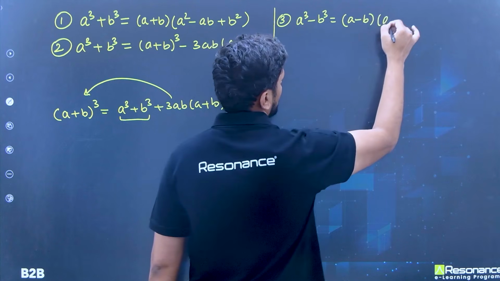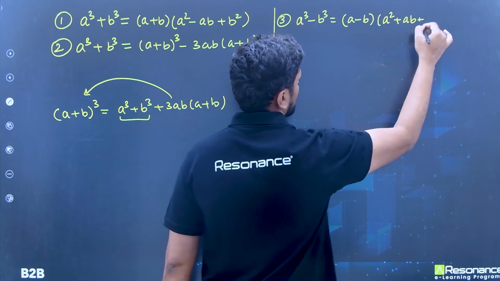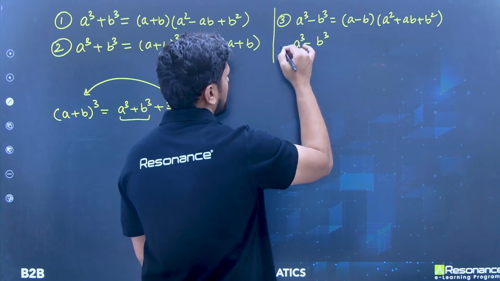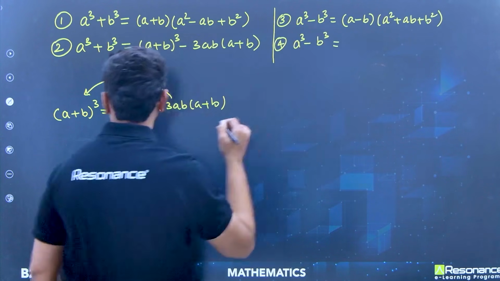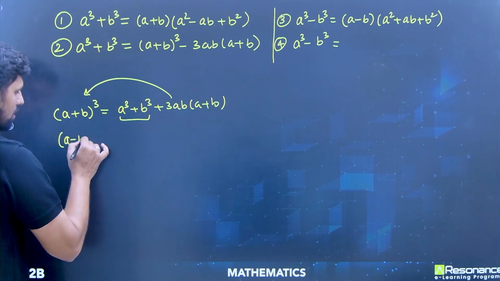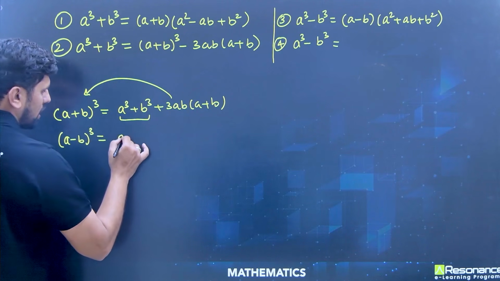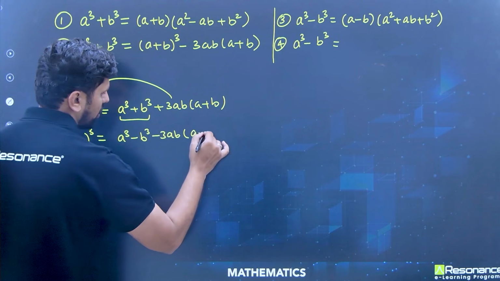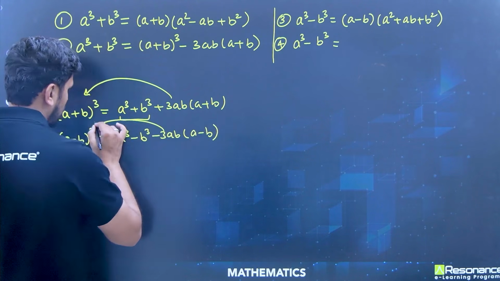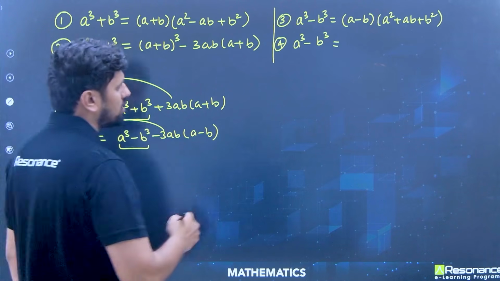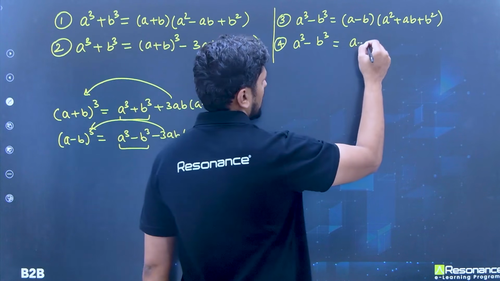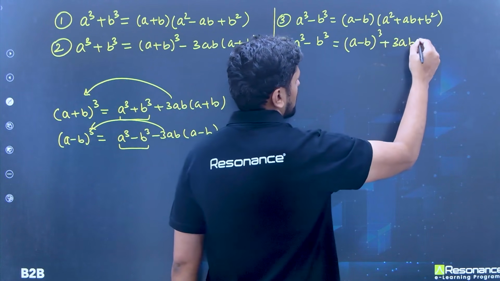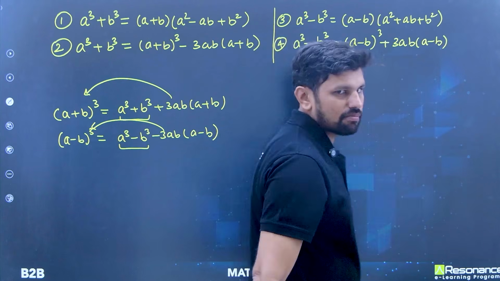A minus B into A square plus AB plus B square. So what will be the another formula of A cube minus B cube? We will go to this formula. A minus B whole cube, that is equal to A cube minus B cube minus 3AB into A minus B. So I will bring it here and I will find the formula, that is A minus B whole cube plus 3AB into A minus B.